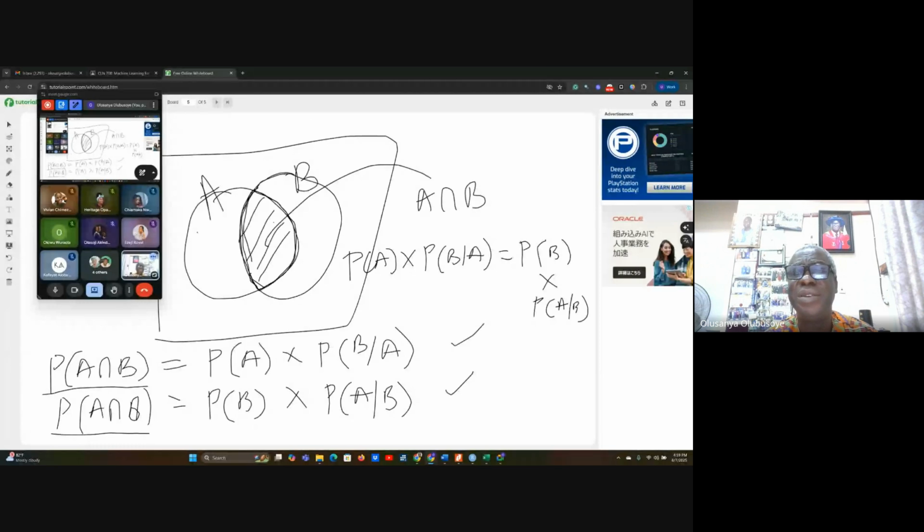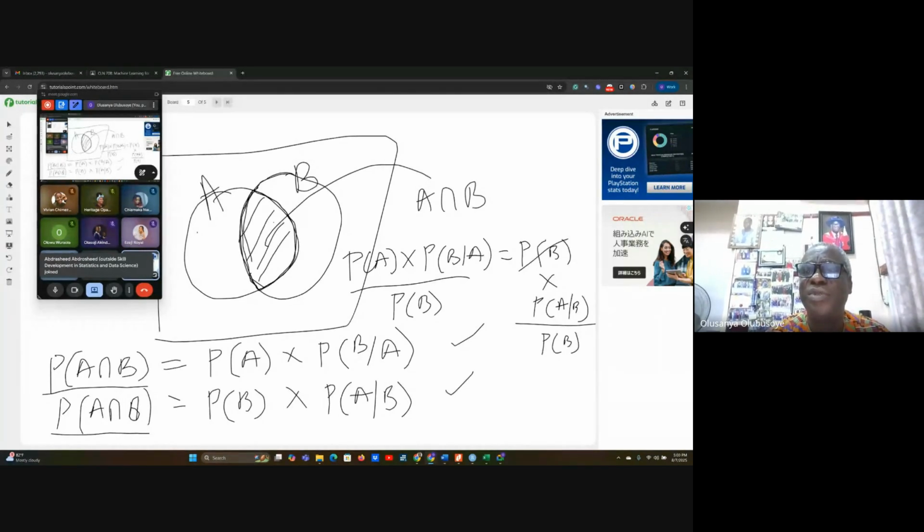Let's say I'm now interested in this probability, the probability of A given B. All I need to do is divide both sides by the probability of B. Of course, this one will cancel this.